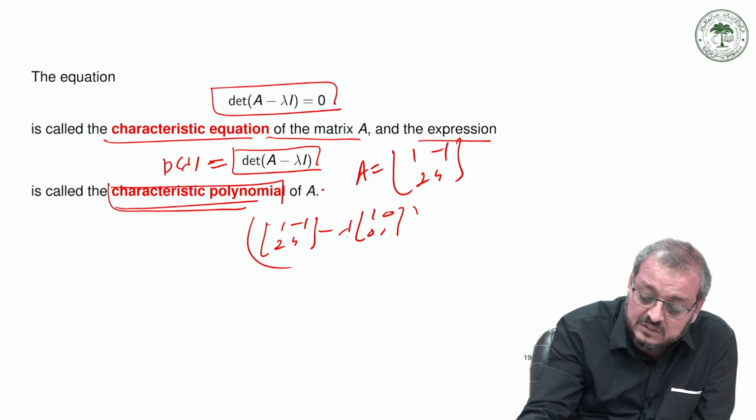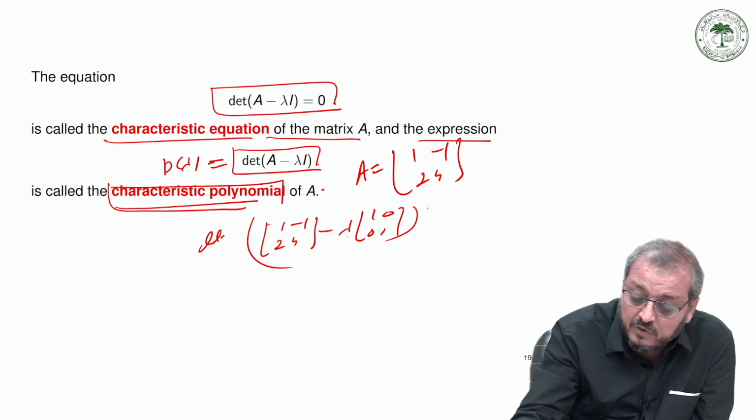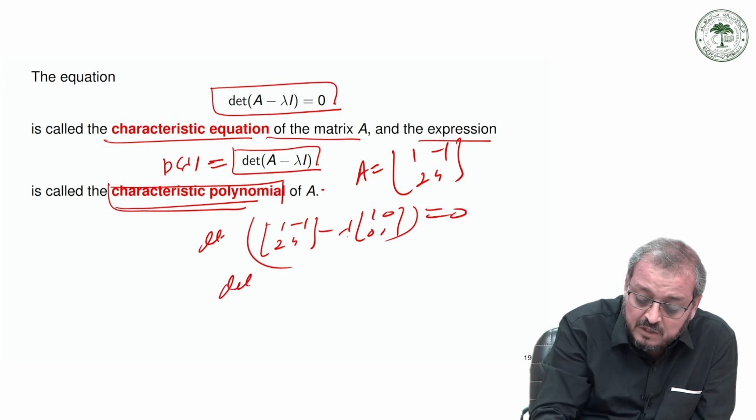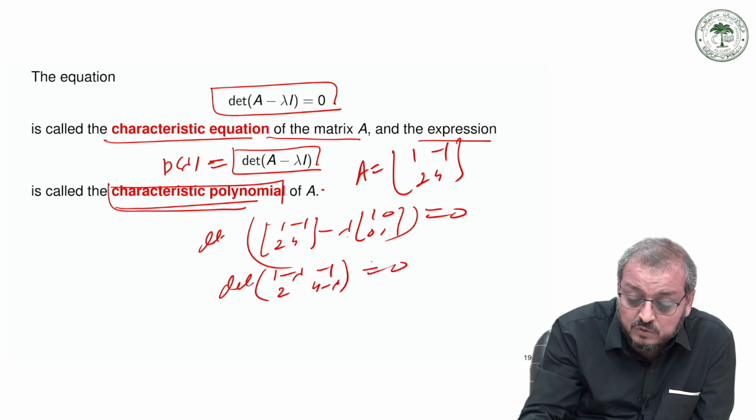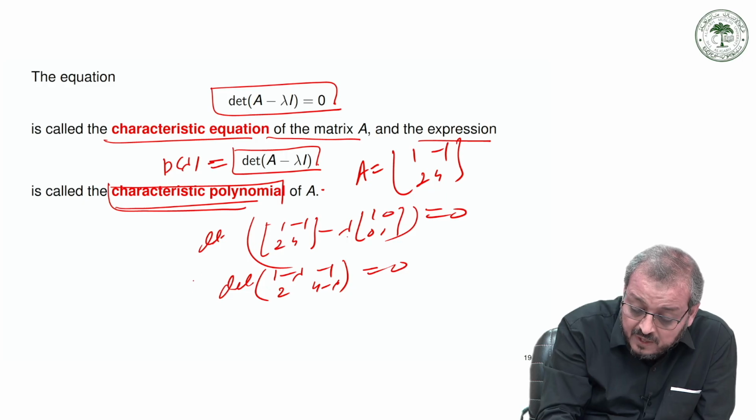This gives the determinant of [1 minus λ, -1; 2, 4 minus λ], and this should be equal to 0.